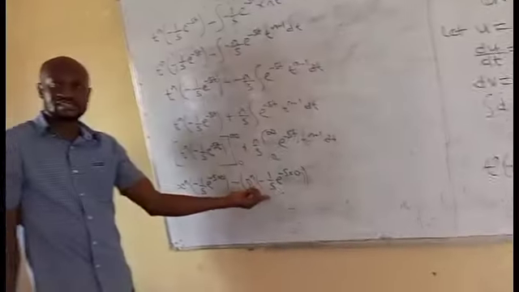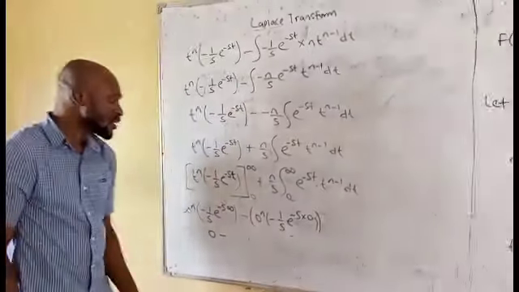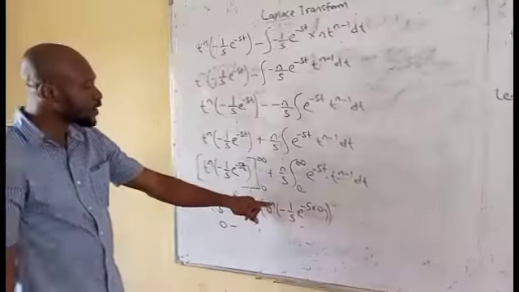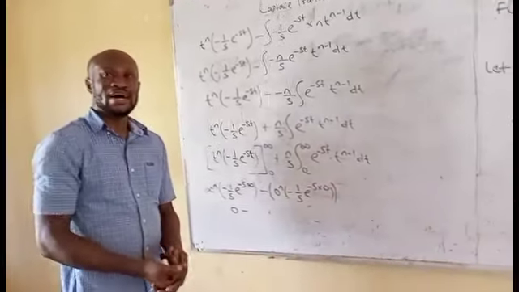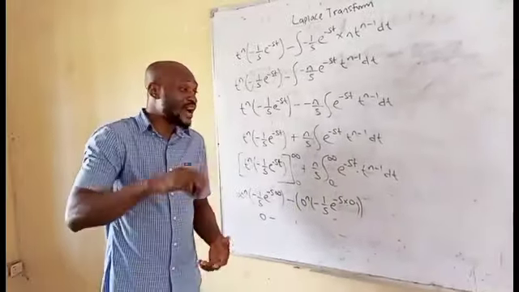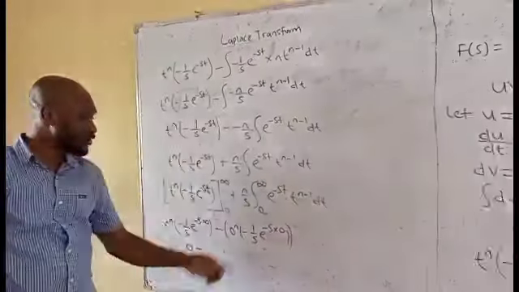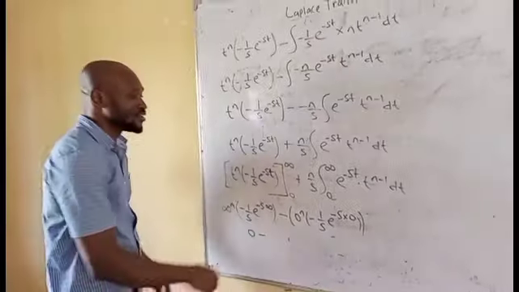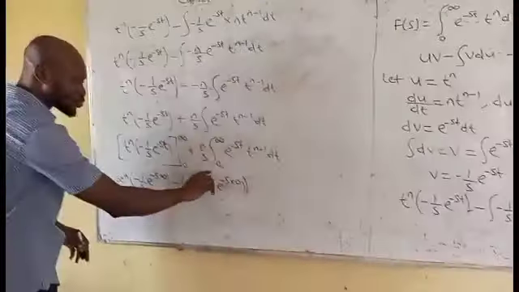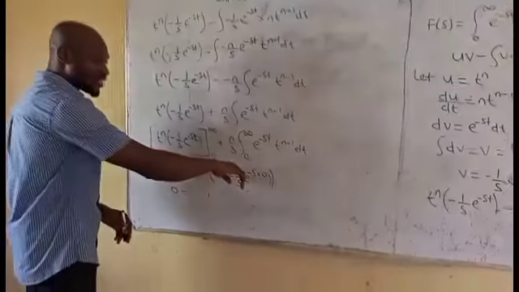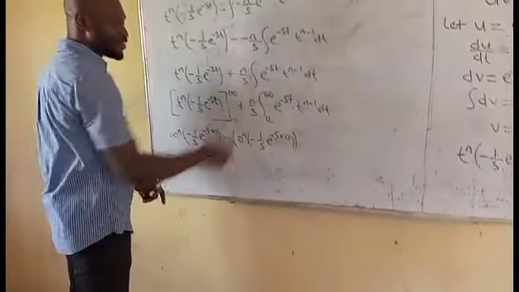This is the lower limit. My lower limit is 0 raised to the power of n. It still gives you 0, since n will be a value. If you have 0 raised to the power of anything, it will still give you 0. So now you have your 0 here multiplied by minus 1 over x, exponential minus x times 0.